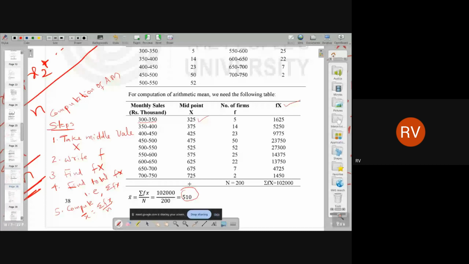Divide sigma fx by n, the number of firms, that is 510. This is the procedure for computing arithmetic mean.